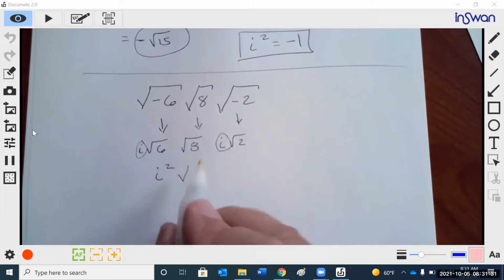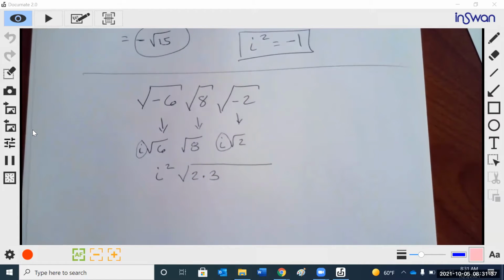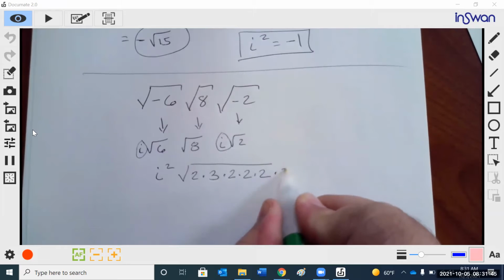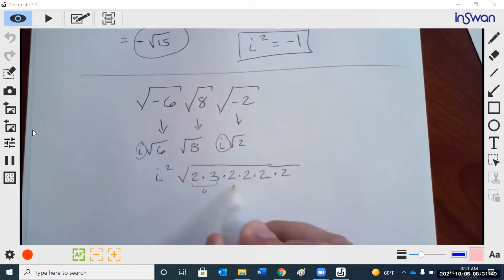Since these are all multiplied now, 6 is made up of what? 2 and 3. 8 is made up of 2 times 2 times 2. And then the last 2. So this is the 6, this is the 8, and this is the 2.